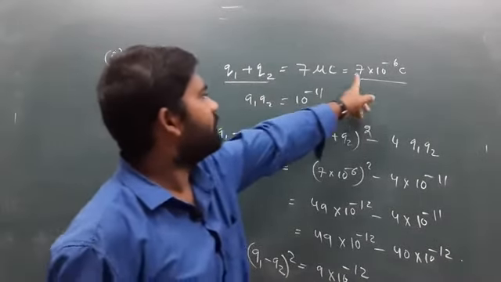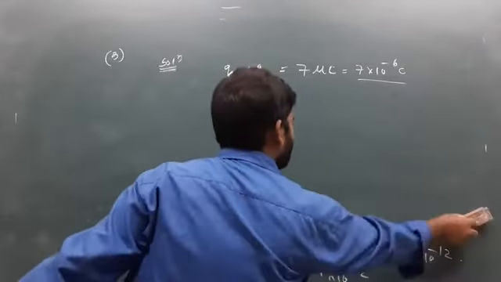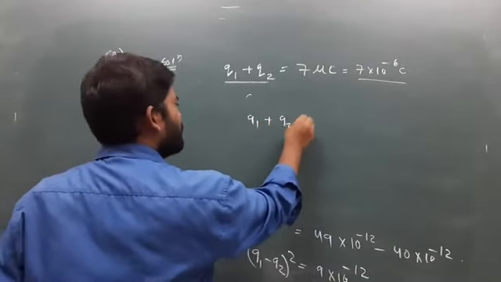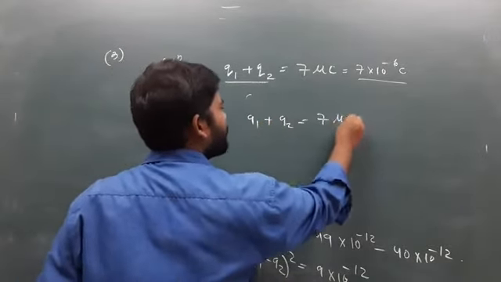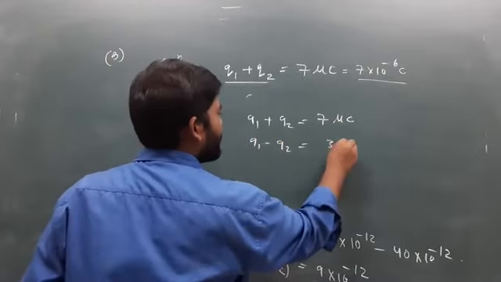q1 plus q2 will be 7 into 10 to the power minus 6. So what will be q1 and q2? Here q1 plus q2 is 7 microcoulomb, and q1 minus q2 is 3 microcoulomb.